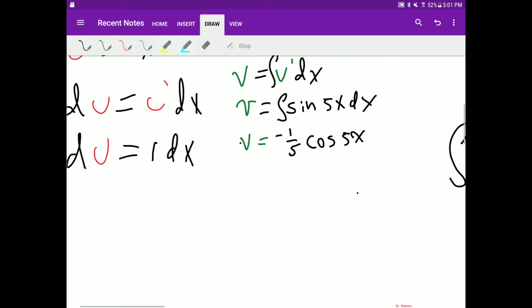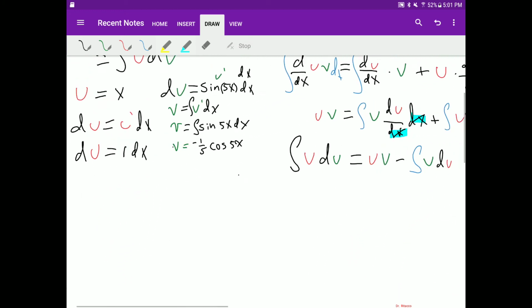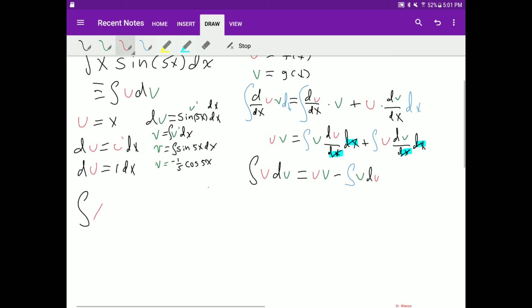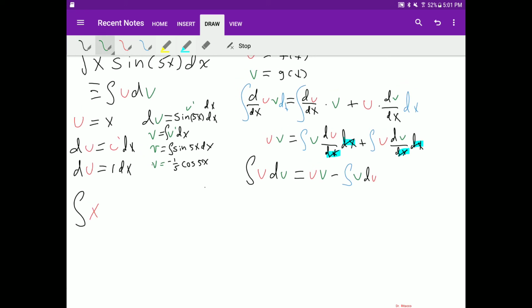Okay. So now I make all my substitutions into the integral of u dv equals uv minus the integral of v du. So I start with my integral. I've said that u is x, and dv is sine 5x dx.